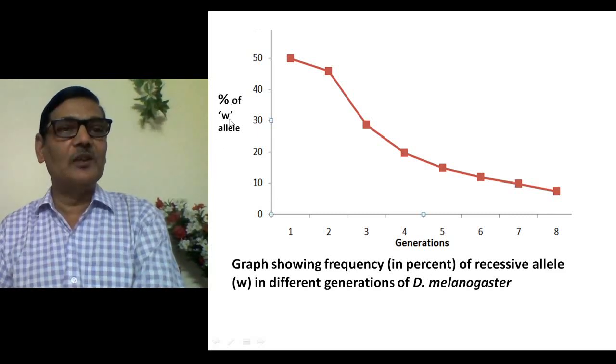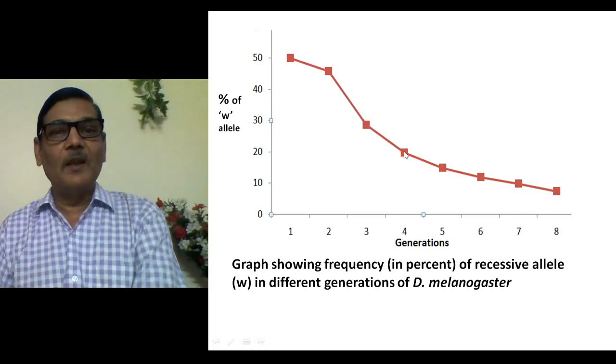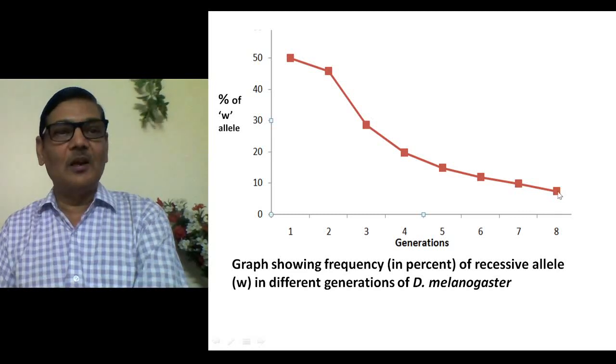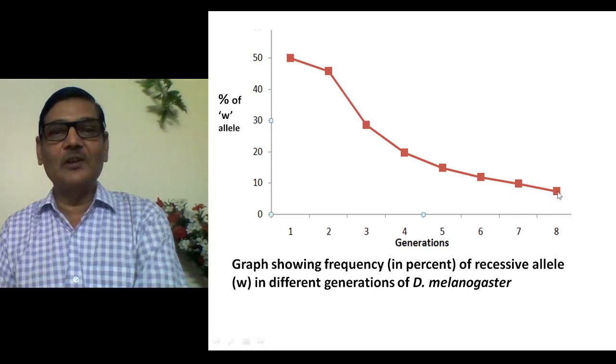So this is the percent of W allele, and this 1 means the parental generation, you can say generation 0. The frequency of this W allele was 50%. Then in further generations it went down, and up to the 7th generation its frequency has come close to 10%. So there is a continuous decrease in the frequency of the white-eye allele.